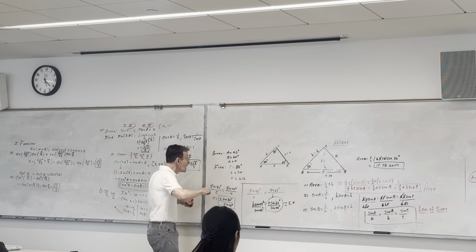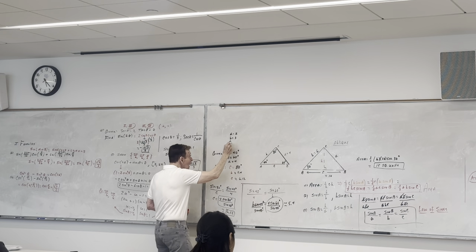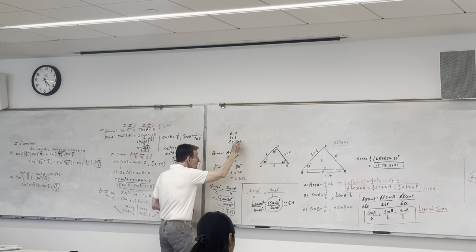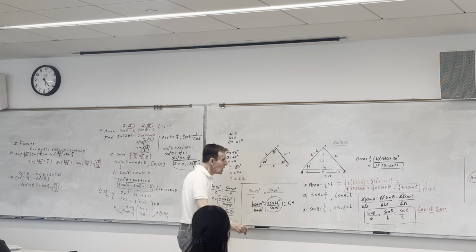Lowercase a equals 2. Lowercase b equals 3. Capital C equals 60 degrees. And that's all I gave you.